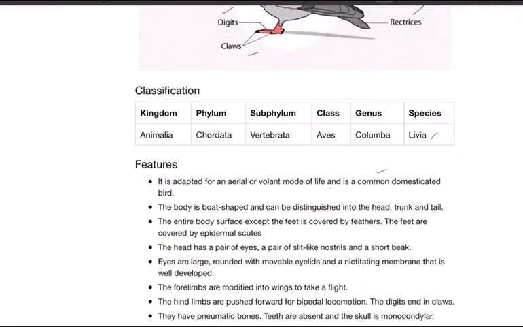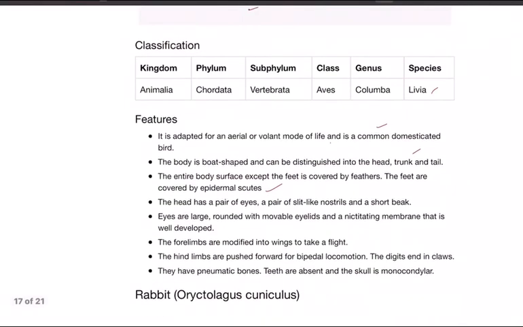Features: it is adapted for an aerial or volant mode of life and is a commonly domesticated bird. The body is boat-shaped and can be distinguished into head, trunk and tail. Entire body surface except the feet is covered by feathers. The feet are covered by epidermal scutes.